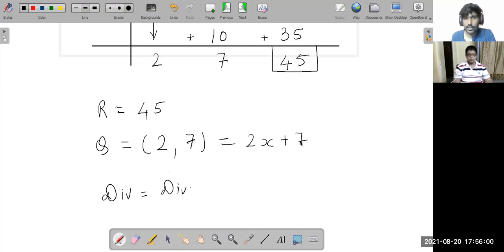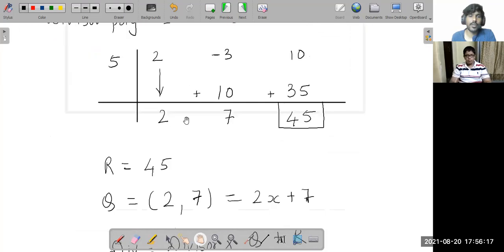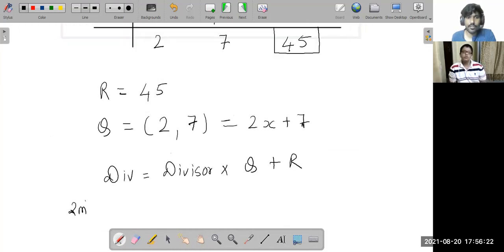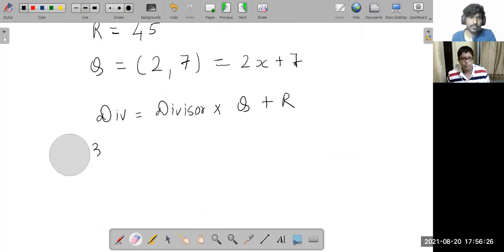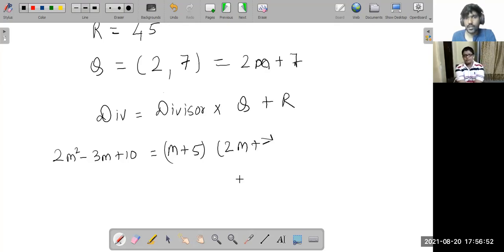So 2m square minus 3m plus 10 is equal to divisor m plus 5 into quotient 2m plus 7, plus 45. So this is your answer.